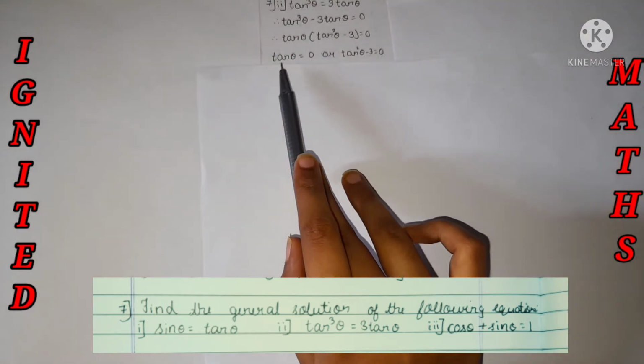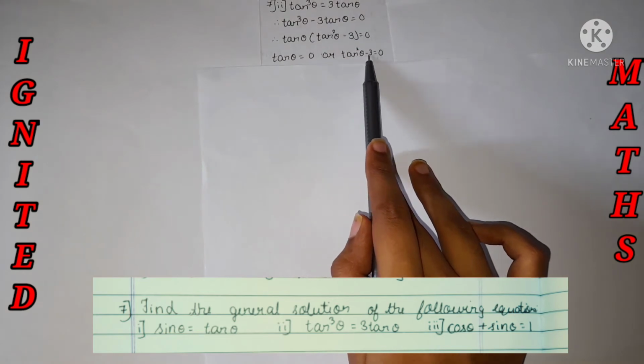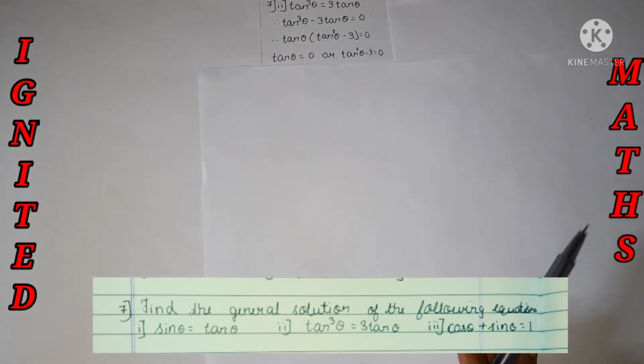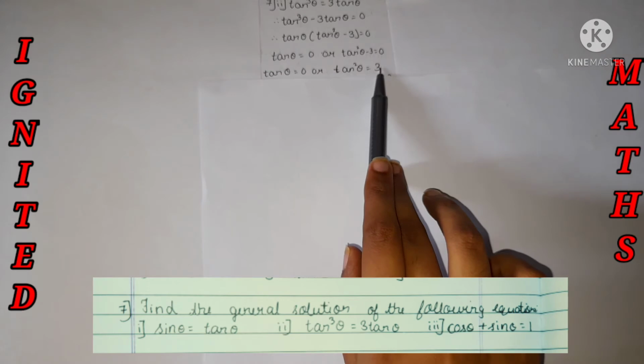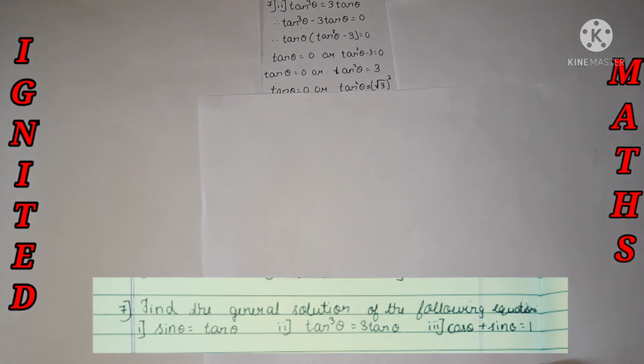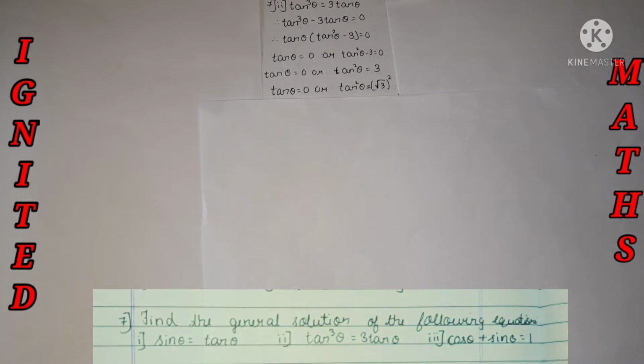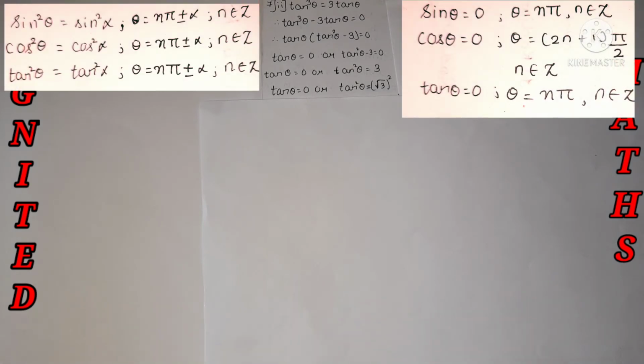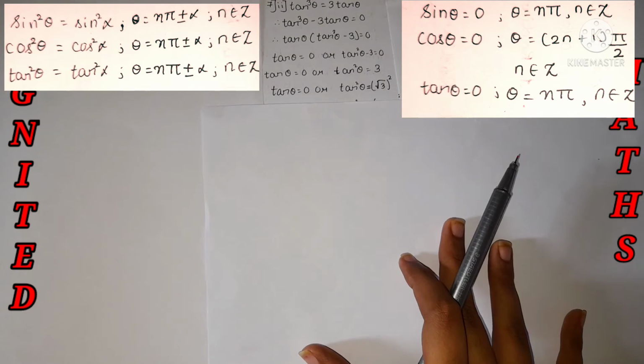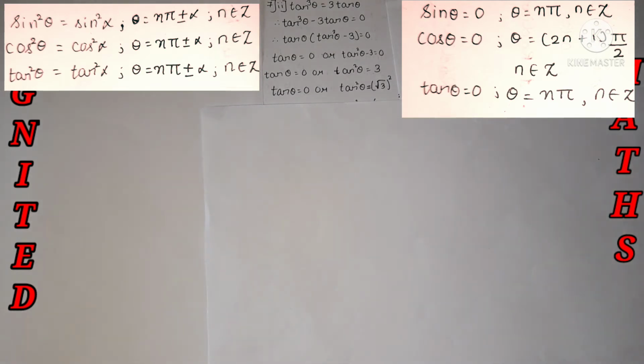So tan square theta is equal to 3, which is root 3 square. According to the general solution, we know tan theta is equal to 0, and tan square theta is equal to tan square alpha. We know the value of it, so we can use that formula and find it.